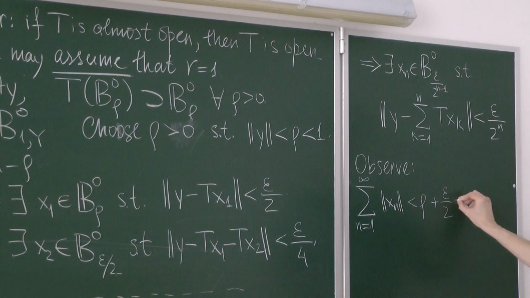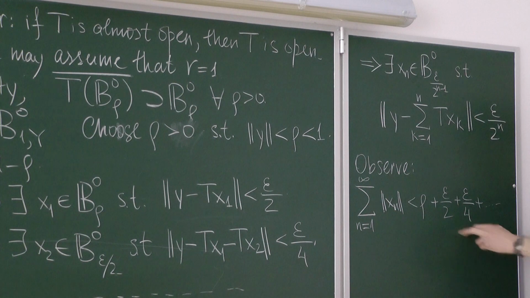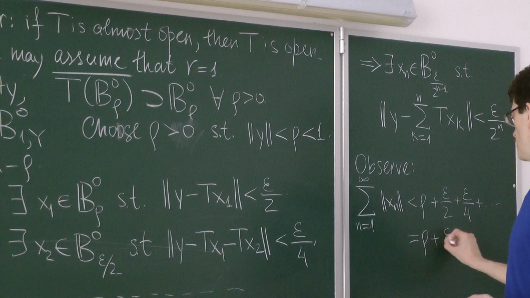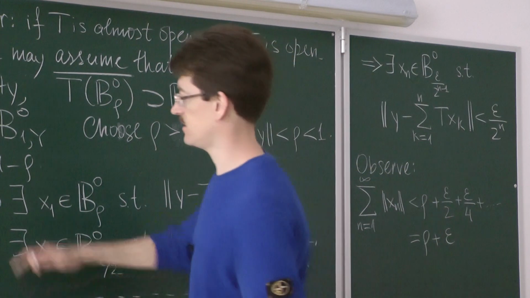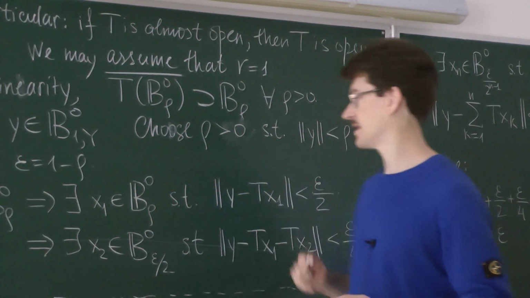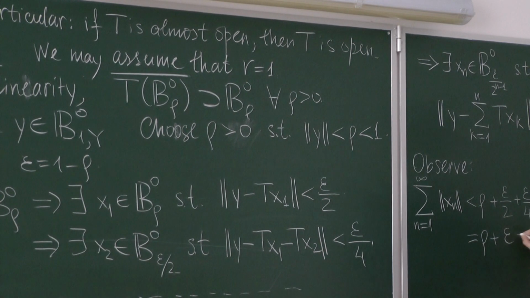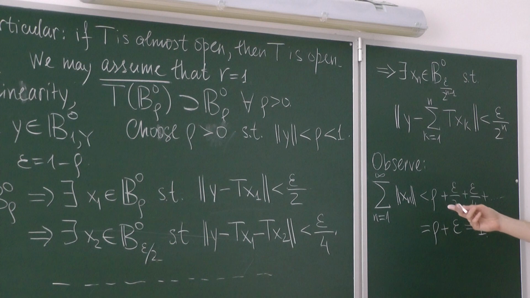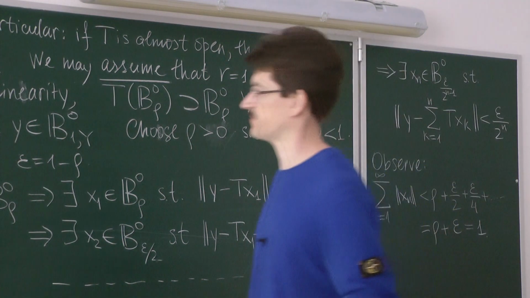Next we have epsilon over 4, and so on. So what is this? The sum of these members is epsilon. So this is rho plus epsilon. Rho plus epsilon is 1. So this is 1. In particular, we see that this series is absolutely convergent.